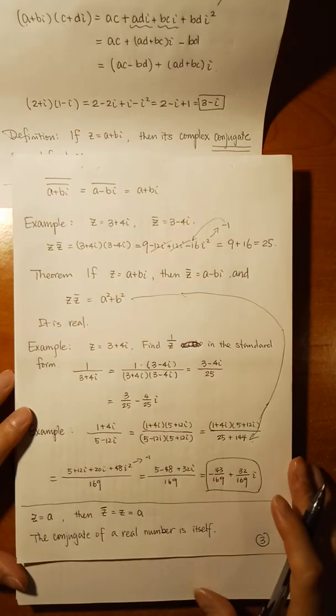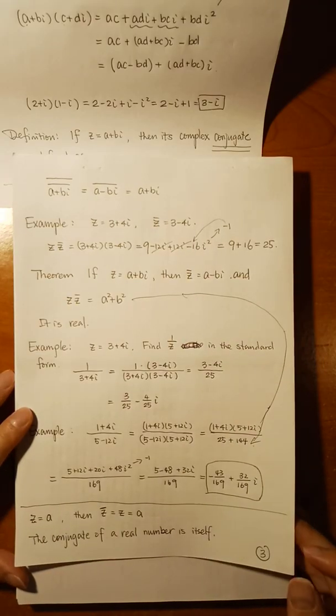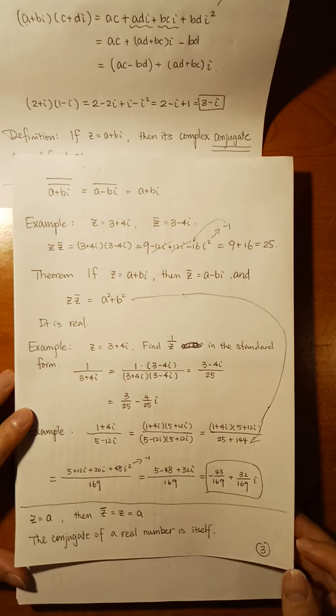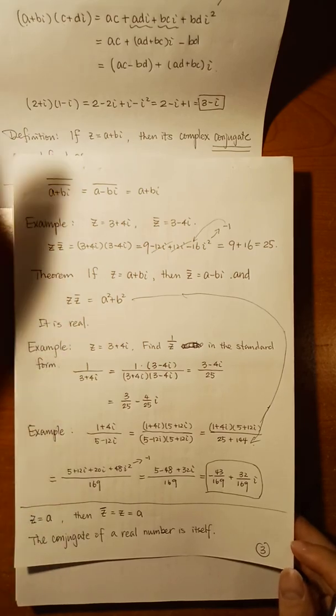So complex conjugation operation does not change a real number. It will change the complex number, but does not change the real number.